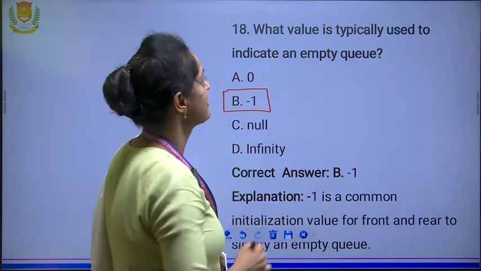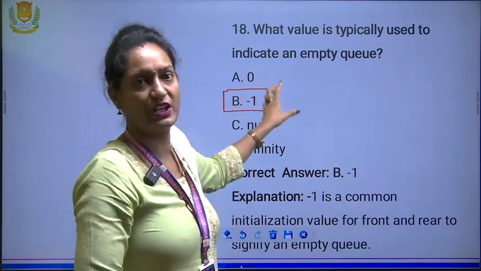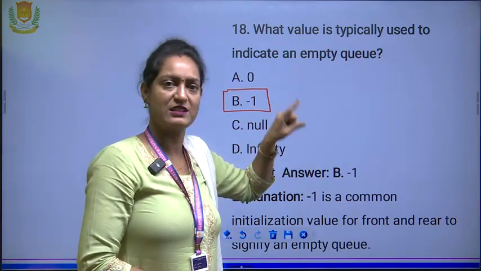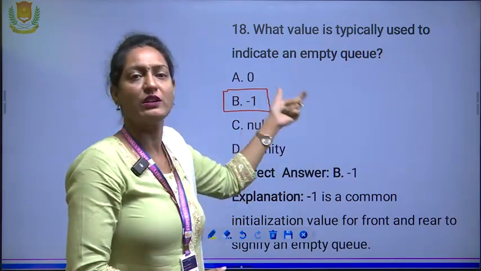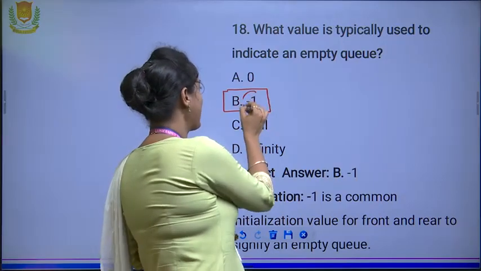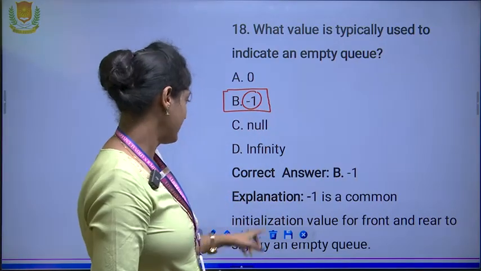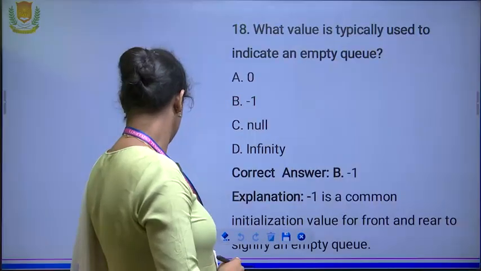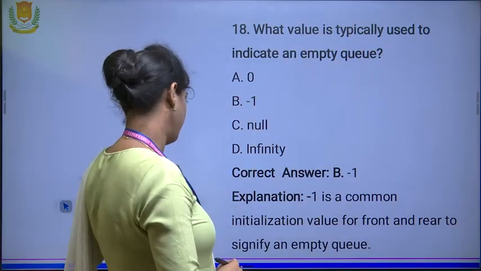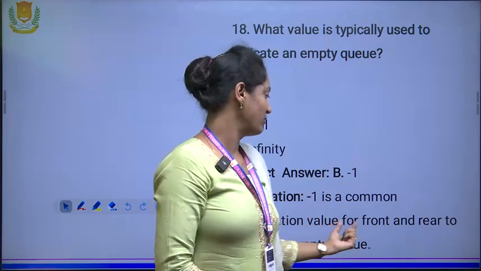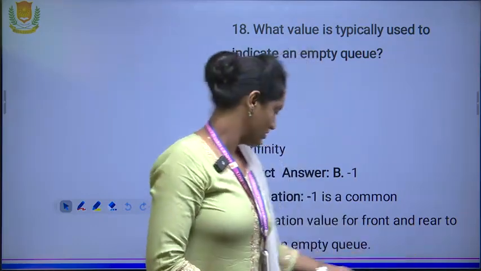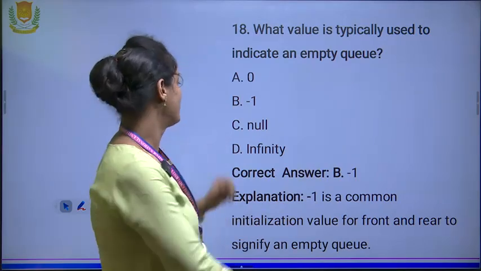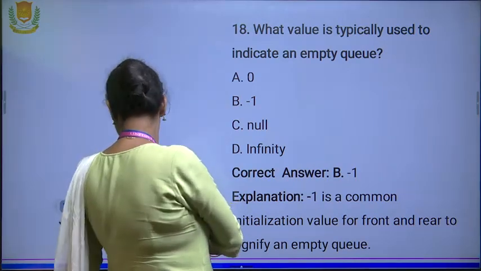Typically when we are showing that my queue is empty, my pointer is pointing to the index value -1, right? -1 is a common initializing value for front and rear to signify an empty queue. So we will go ahead to the next question.